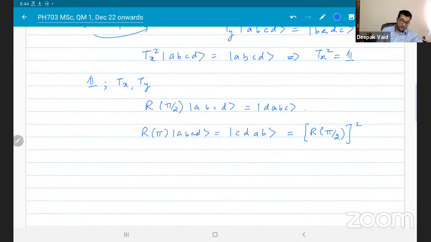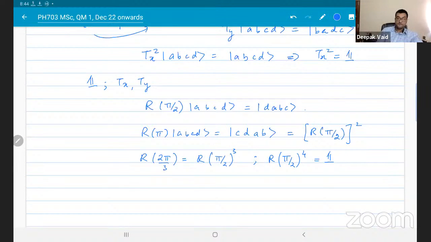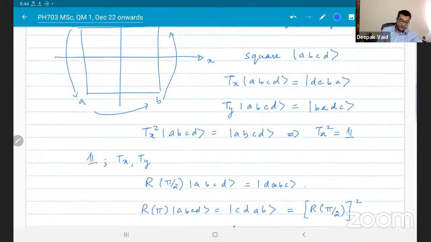And then I have r 2 pi by 3, which is r pi by 2 cubed, right? And then finally I have r pi by 2 to the 4th power. What will this give me? ABCD. Identity, right? So I have my set of symmetries now.